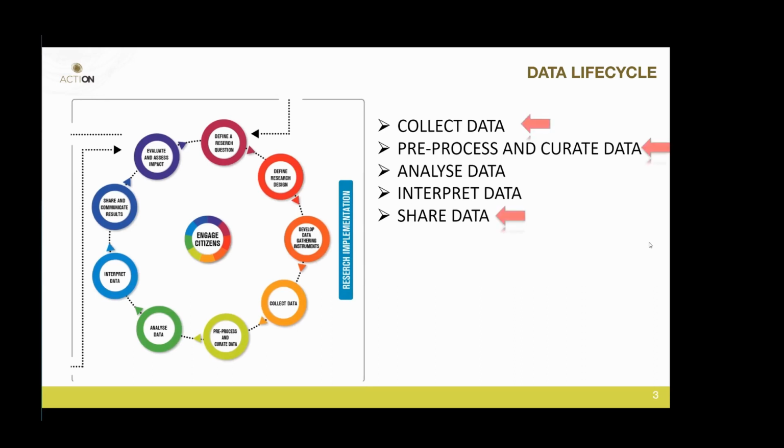These points are the activities related to the data that you have to reflect in a DMP, a data management plan. You will see that most of the sections are focused on how to collect data, how to clean this data to improve its quality, and finally how and where to publish this data.